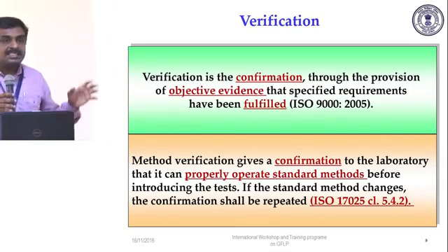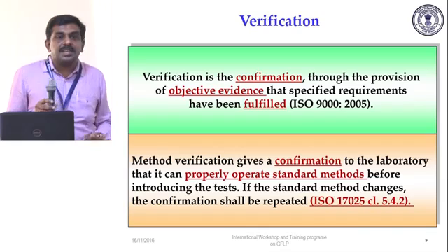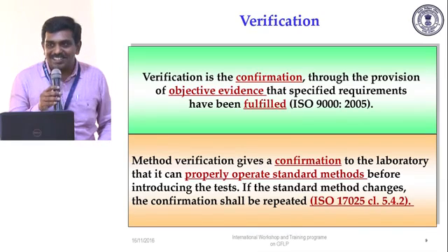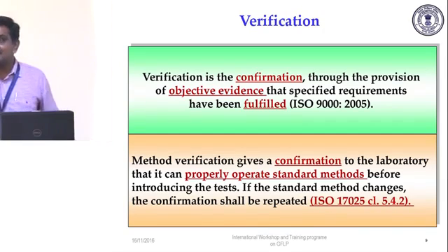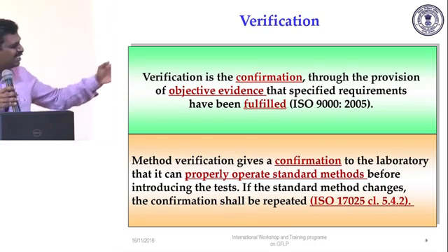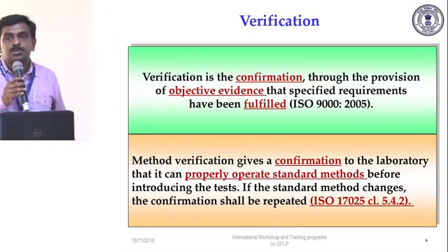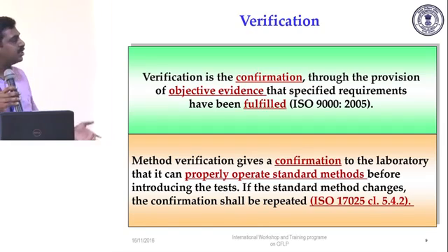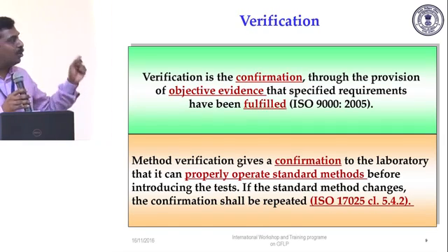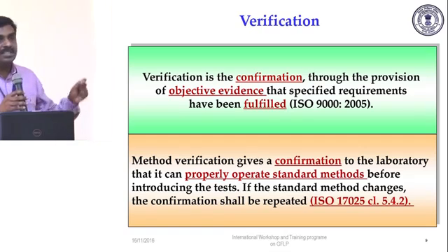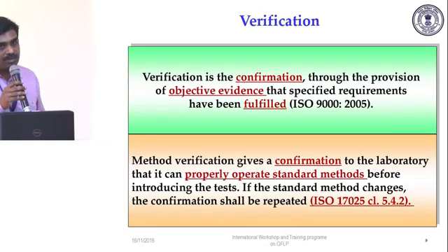Again, I start off with verification because that is the safest and easiest one compared to validation. Validation is a challenging topic. Both ISO 9000 and ISO/IEC 17025 give the definition, and it is the same in both: confirmation, with objective evidence that the specific requirements have been fulfilled.